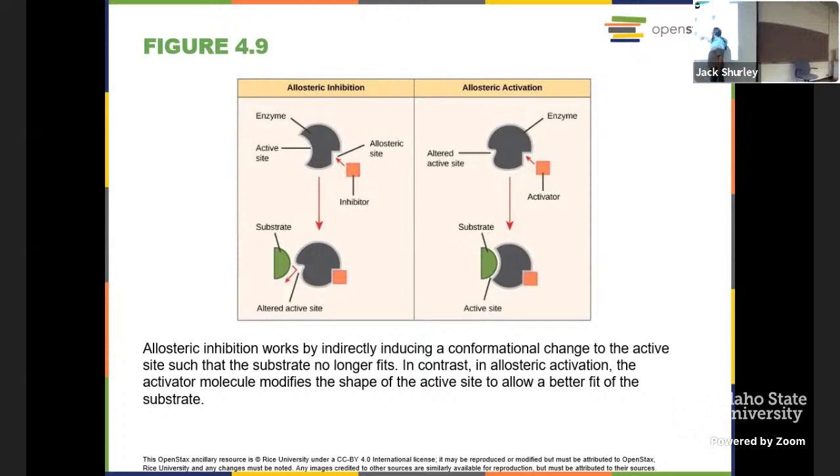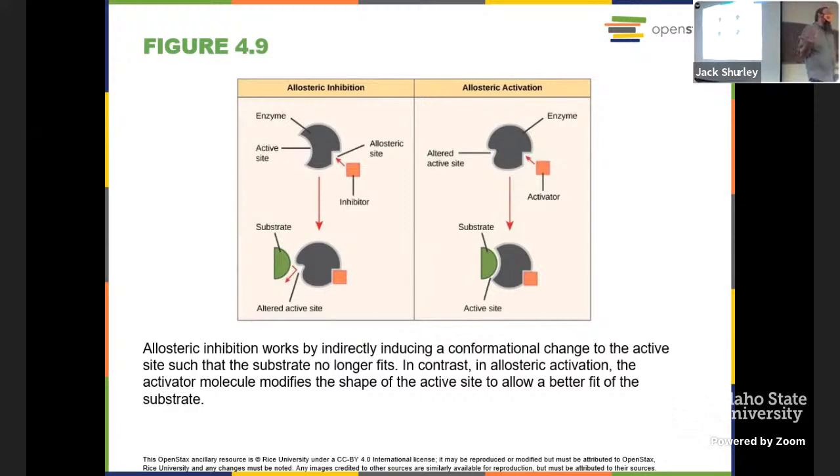So inhibiting it, some other molecule links up to this enzyme and it makes that active site change shape. So instead of being open for business, now it's closed. Or the opposite, with the activation, we link up to that enzyme, which is closed for business, and once the activator links, we open for business and the active site's available.